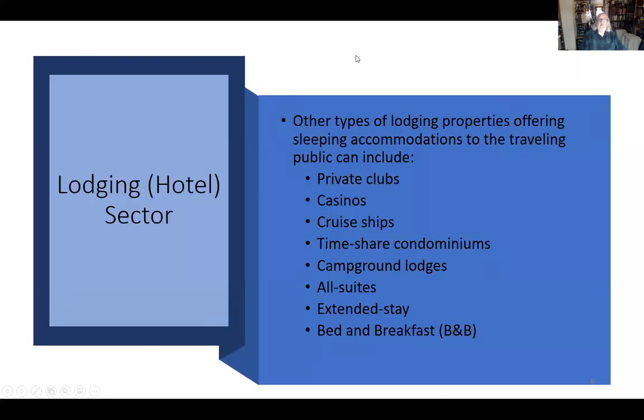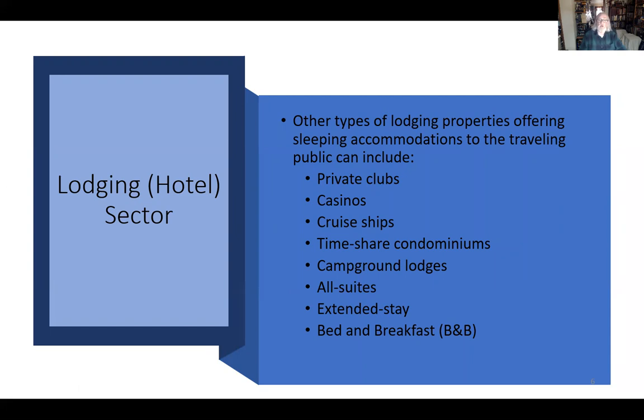Now, when we look more specifically at the lodging sector, and we're talking about hotels, the different ways we could phrase it, the different operations producing different environments, are just an incredible amount.